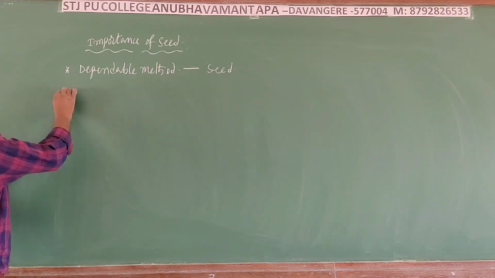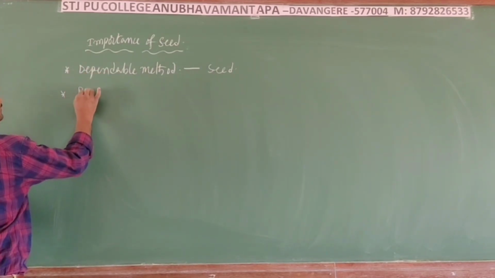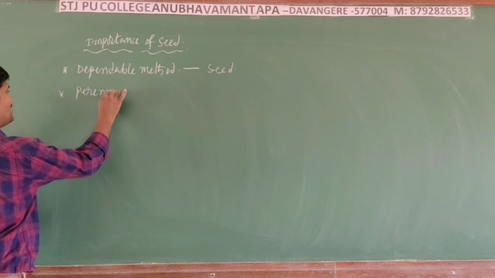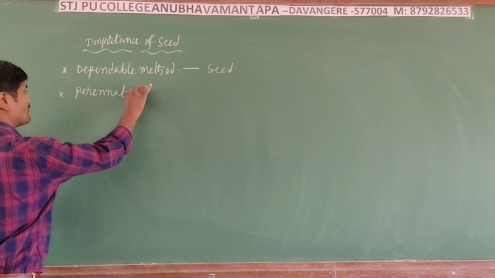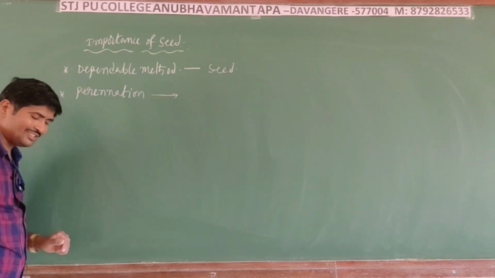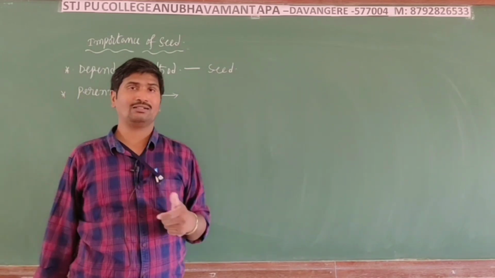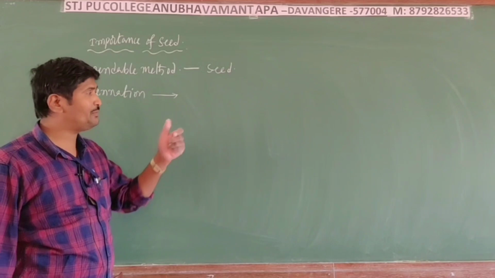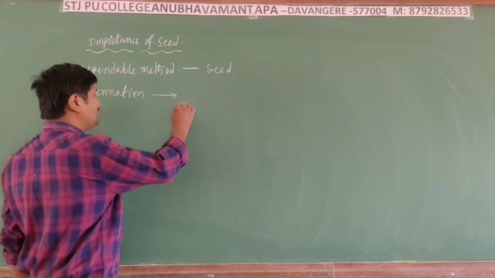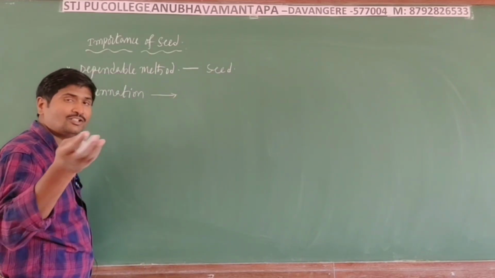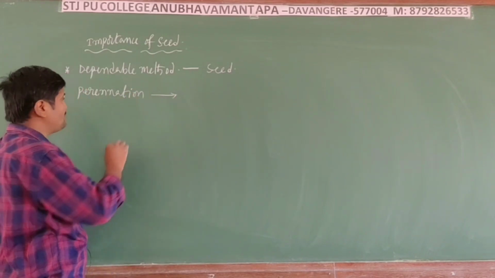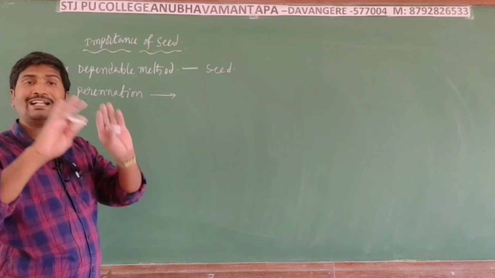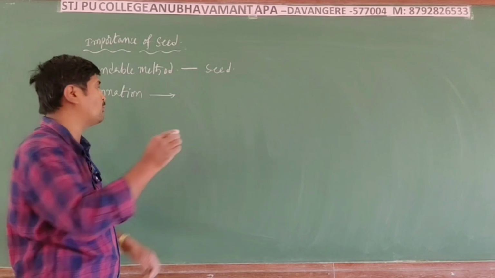Next one, perennation. The perennation means the seed loses water, that is dehydration. When the seed loses water, it becomes dry, and then it becomes dormant. In that dormancy period, the seed is protected by the very hard seed coat.